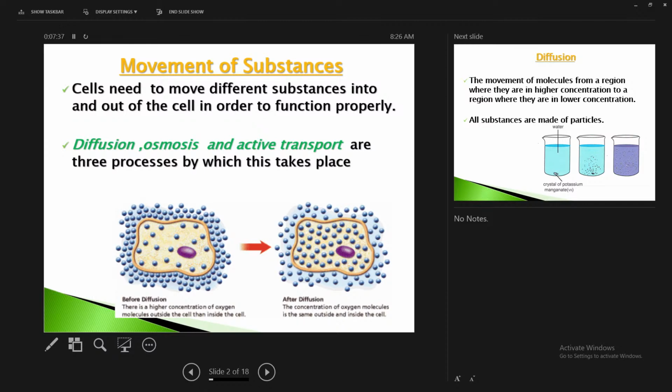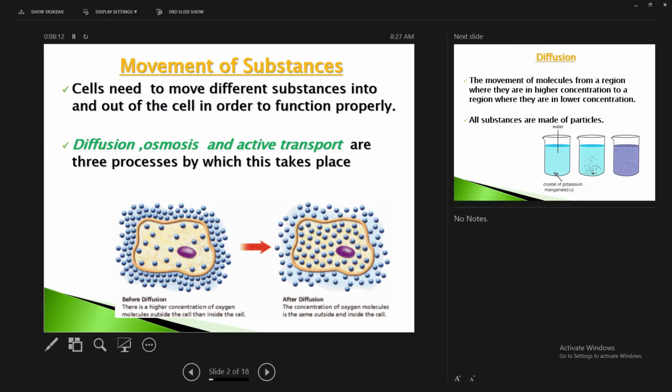In order for a normal body cell to carry out its function, there are some different things that must always be inside the cell, and some things that should be outside, based on the amount of production or the secretion of it that would have taken place as a result of some cellular activity.